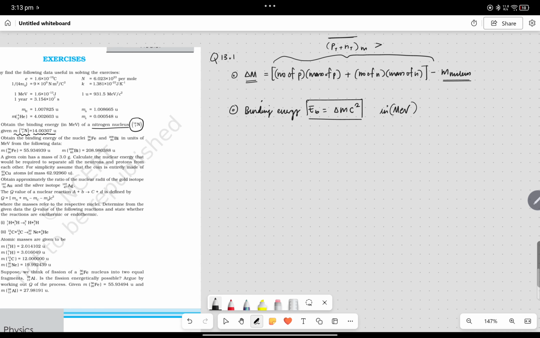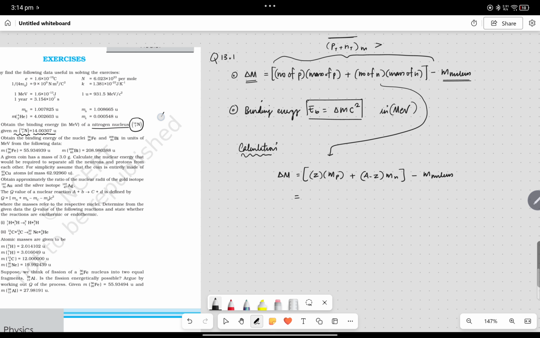So simple thing, now that you know the theory, you have to just do the calculation. First of all, delta m is equal to the number of protons, which can be written as Z, into the mass of proton, plus A minus Z, that is the number of neutrons, into the mass of neutron, the sum minus the mass of the nucleus, and all these values are given here.